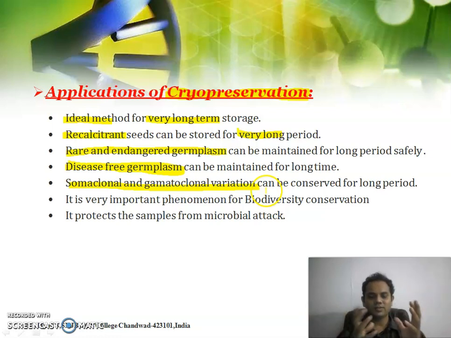All the animals and organisms work cooperatively in harmony with one another, and if we disturb this ecological, environmental balance, that will create hazards we cannot even imagine. So our prime responsibility, our prime duty, is to conserve this biodiversity and the germplasm. It is very important from the biodiversity conservation perspective.